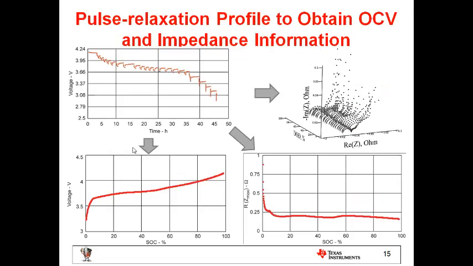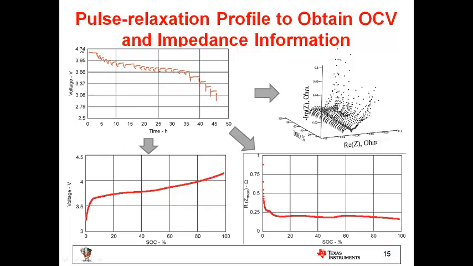So to obtain this kind of model, we use the characterization data that we already collect for the purpose of our Impedance Track gauging system. And since we have to support 80% of all notebook battery systems and close to the same percent for cell phone and tablet systems, we have a huge database of what we call the chemical ID database for different cells.